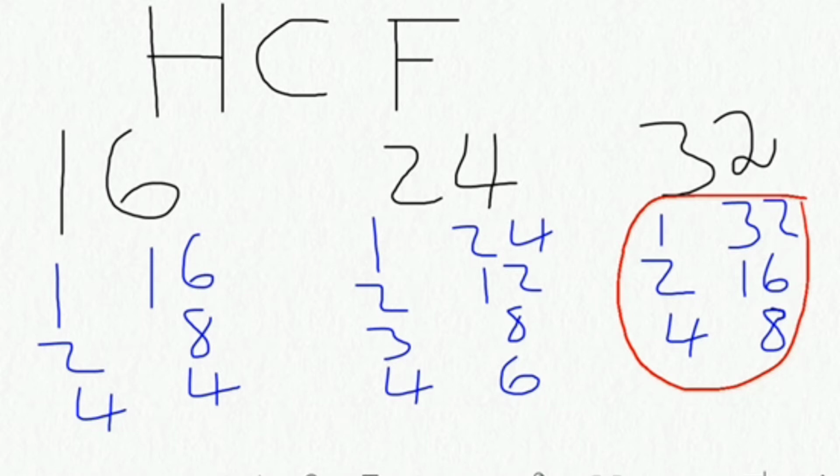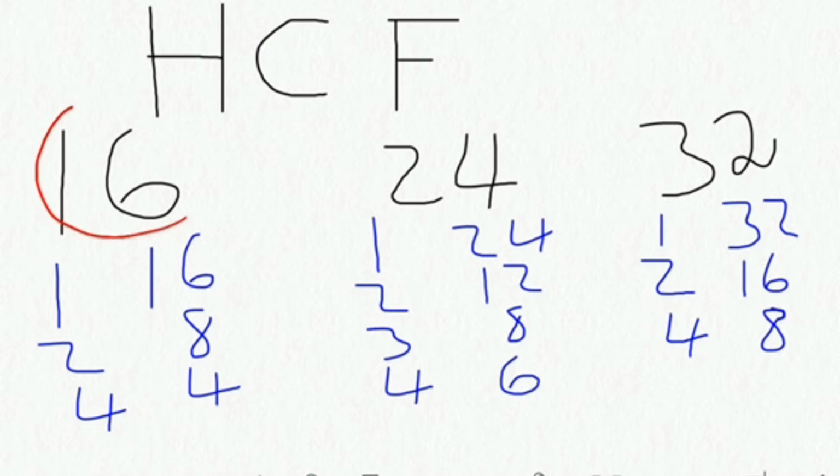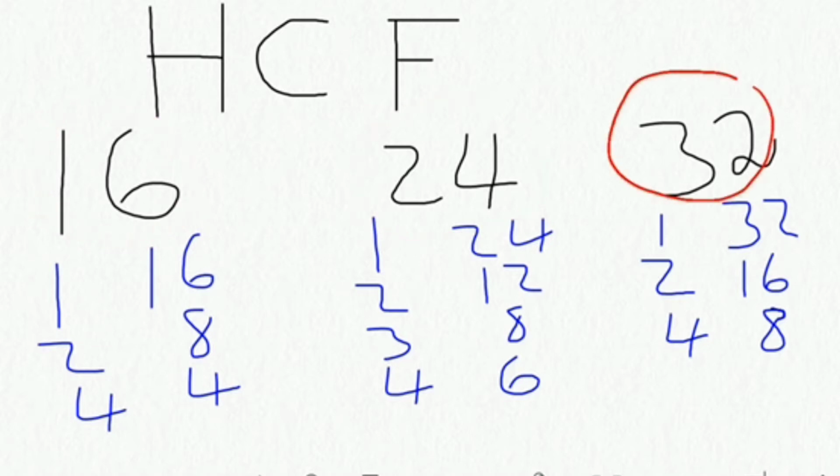Now let us move to C. When a factor is common, it's a factor of all the given numbers. It's a factor of 16, it's a factor of 24, and it's also a factor of 32. Let us look for those factors that are common to all these three numbers.